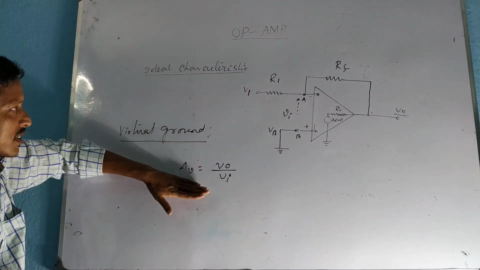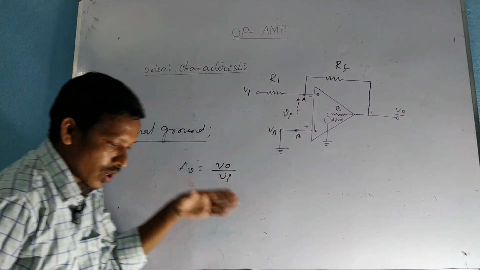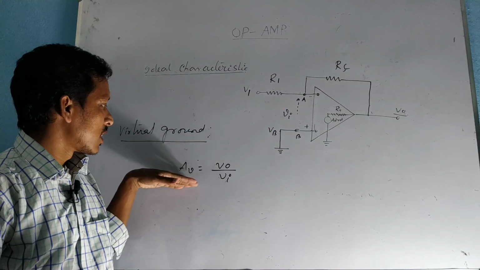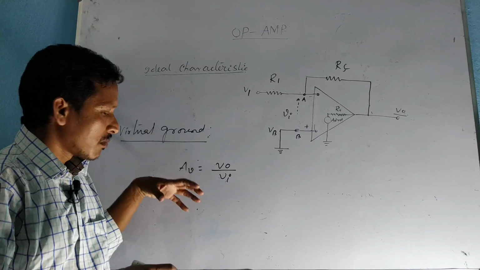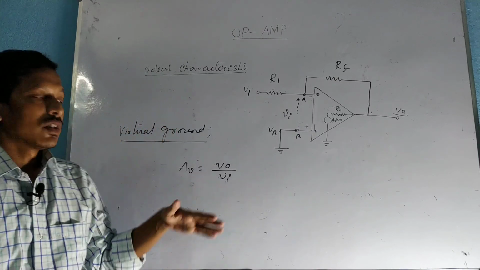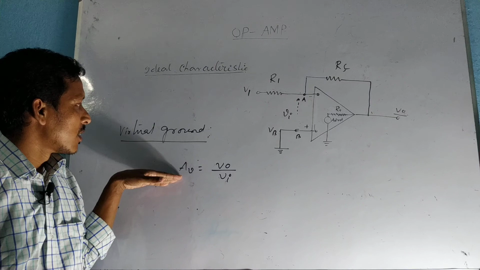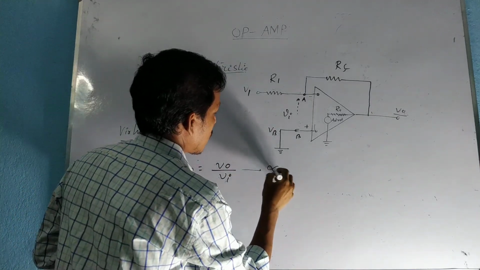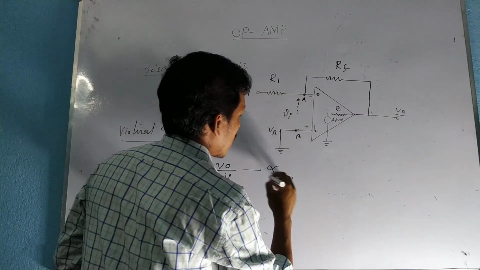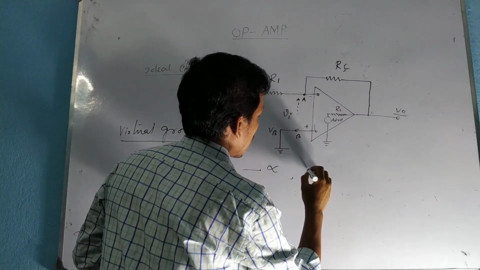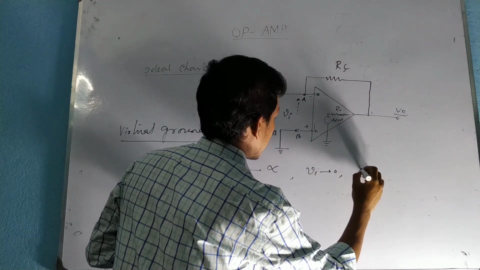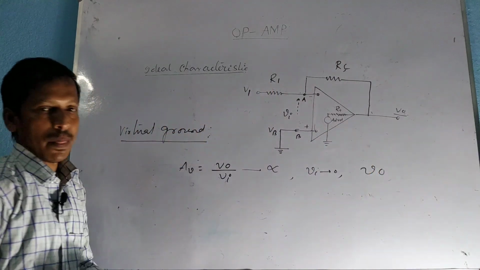Since the voltage gain of the operational amplifier is practically very high, but for calculation we always consider the voltage gain to be infinite. So if the gain tends to infinity, then for Vi equal to 0 we will get a finite V0.